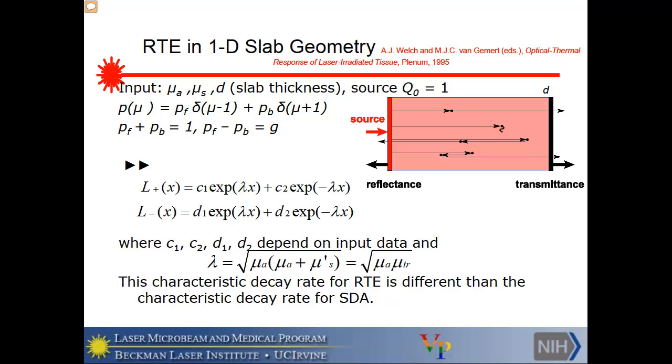The input constants are mu A, mu S, D, the thickness, and the strength of the source. Let's say it's 1.